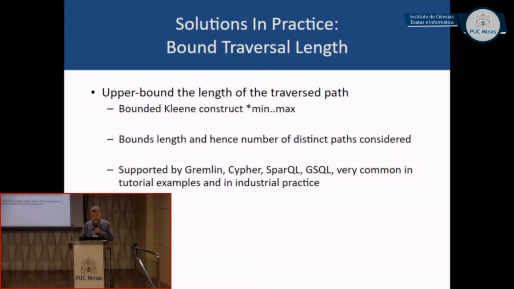If you have some construct that uses the Kleene star, meaning do an arbitrary number of repetitions, well, there is syntax that looks like this, in which you put integers here and you say, I want at least this many repetitions and at most this many. And this will ensure that you have only a finite number of paths that are even relevant here. And this is supported by all of the reference systems out there.